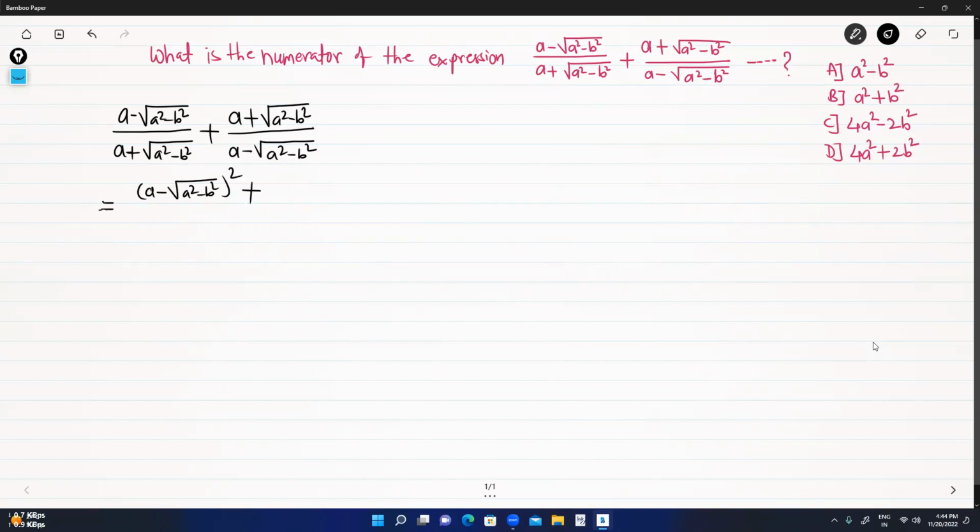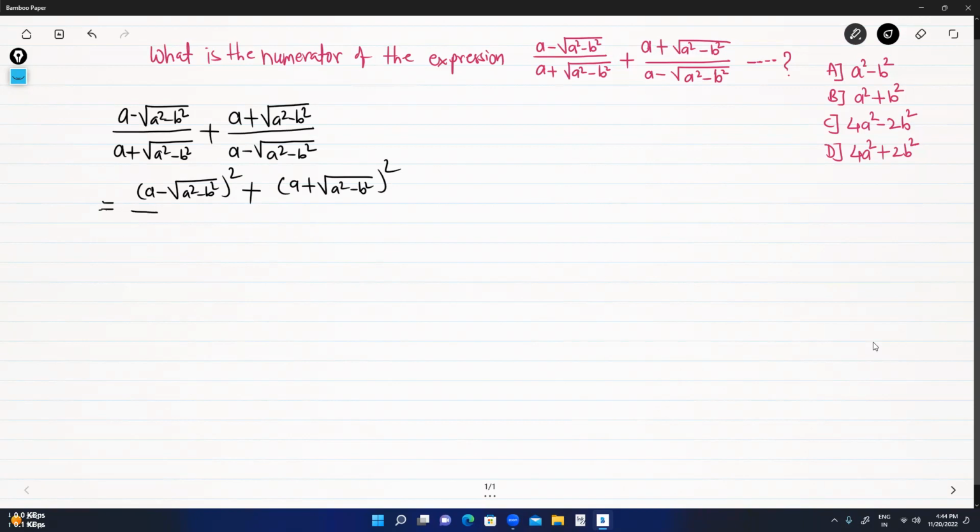Then this plus sign. Again, we have to multiply the denominator of the first fraction with the numerator of the second fraction. And again, these two numbers are exactly the same. Then their product will return the square of the given number, that is (a plus under root a square minus b square) whole bracket square.